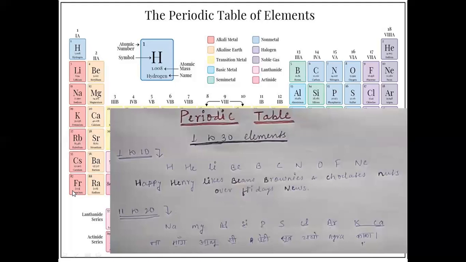They undergo oxidation, which means they lose electrons, and they act as a good reducing agent. These are the properties of group 1 metals.